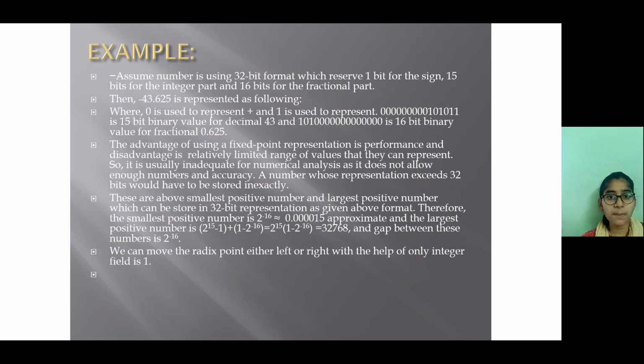For example, assume a number is using a 32-bit format which reserves 1 bit for the sign, 15 bits for the integer part, and 16 bits for the fractional part. Then minus 43.625 is represented as follows.